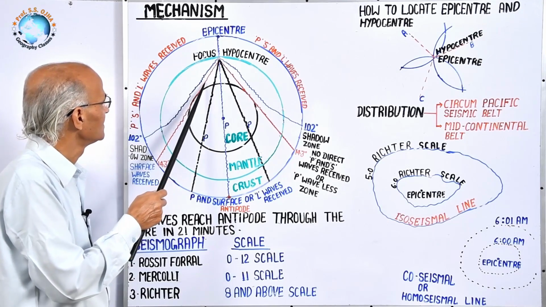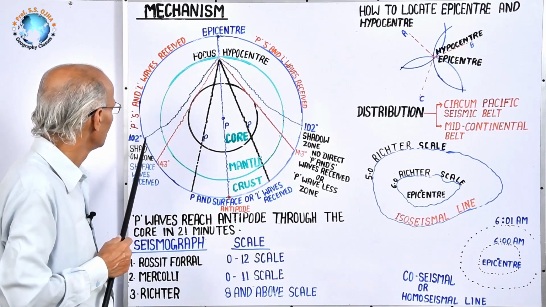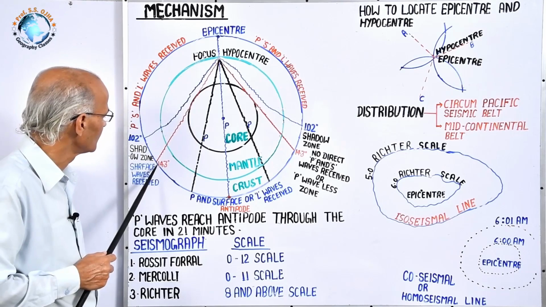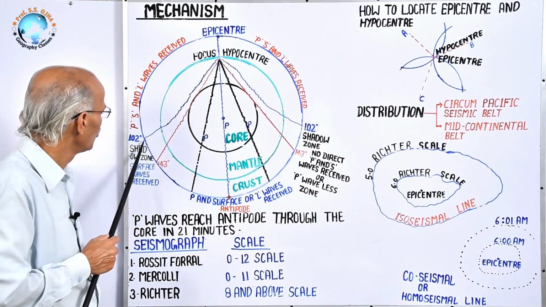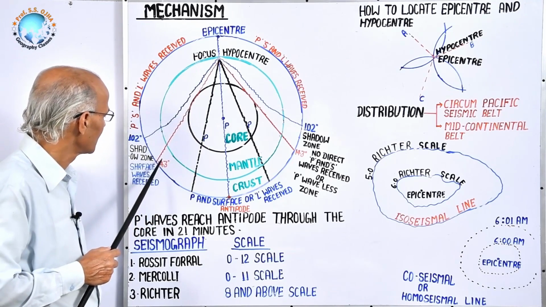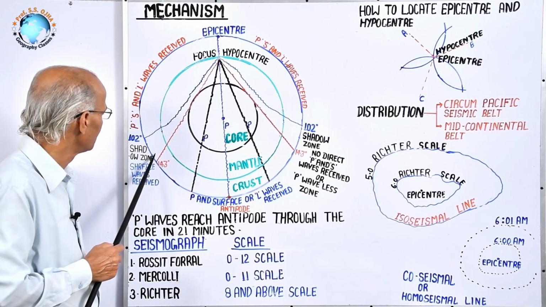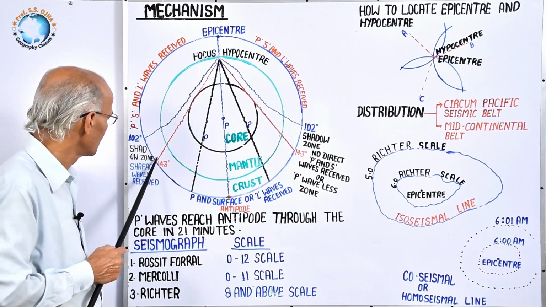They come in a slanting way, reaching between 102 and 143 degrees, and these P waves don't reach here directly, but indirectly in deformed shape. That's why this is called the pseudozone.